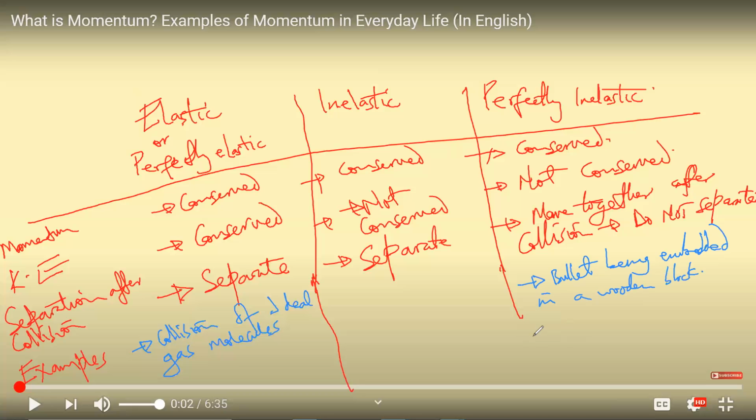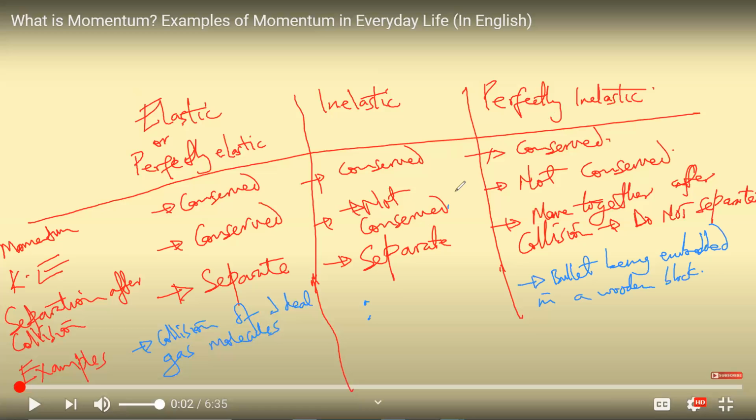Someone fires a bullet and it enters a wooden block, and then the two move together after collision. That is an example of perfectly inelastic collision. For inelastic, it is not so common, and I may not give an example on this as of now. But basically, we shall be looking at elastic and then perfectly inelastic collisions. That is what we will be looking at shortly.